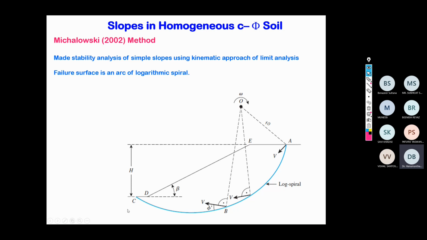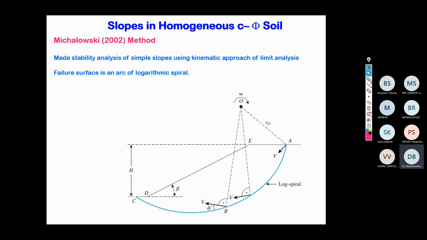When you say log spiral, the angle keeps on changing all along the failure surface, and the radius also does not remain the same. The radius also varies, as you can see, R0, R1, R2, R3, and so on.